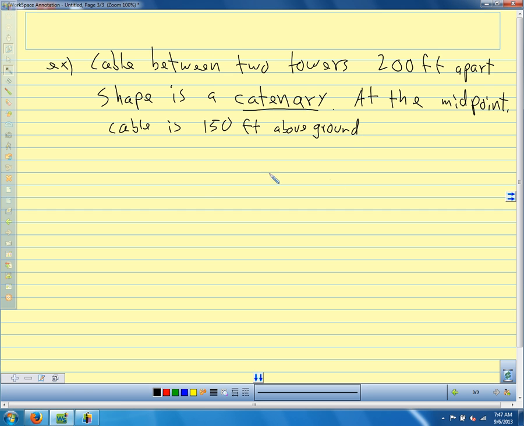So the shape in this case is y equals 150 hyperbolic cosine of x over 150. And if I drew a quick picture here, here are my towers.